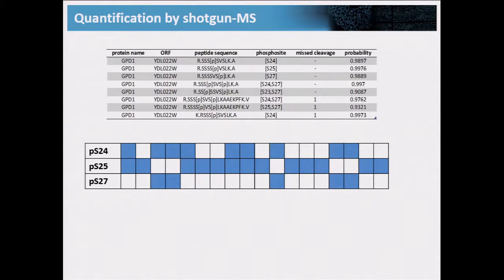The other problem that comes is not just a very long list, but when we look at the quantitative data, when we do, for example, LFQ, then we quite often get these types of missing values.